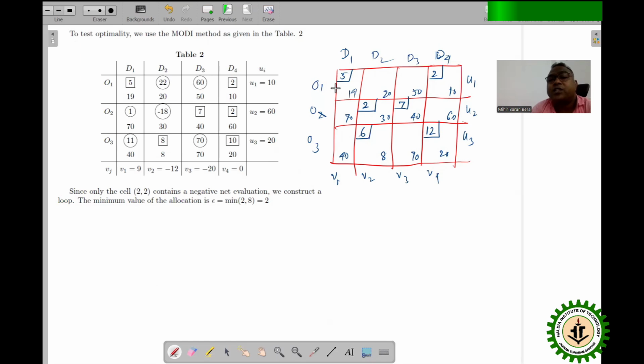You can see that this row has 2 allocations, 2 allocations, 2 allocations, one allocation, two allocations, one allocation, two allocations. So the maximum allocation is 2, present in several rows or columns. So let us choose this equal to 0. So obviously this will be our 10. This will be our 19.